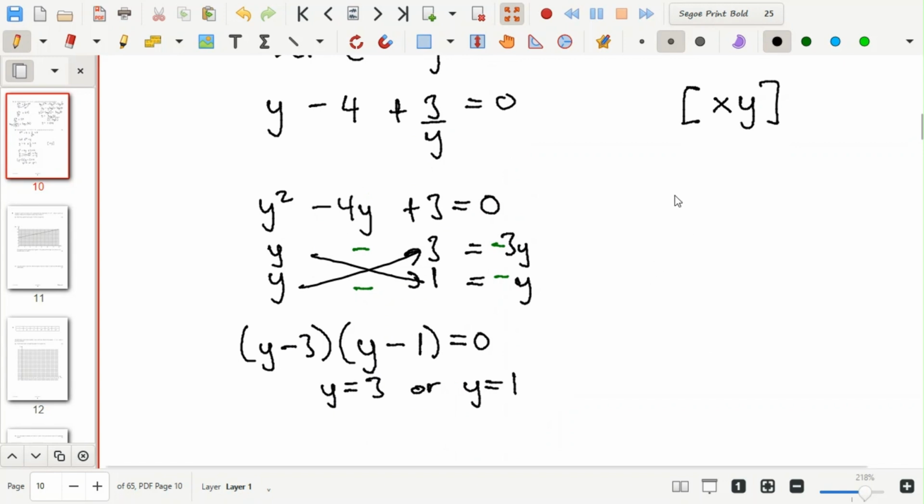Okay, so now let's conclude. Don't forget that you said that e to the power 2x is equal to y. So when y is 3, let's see what you get.